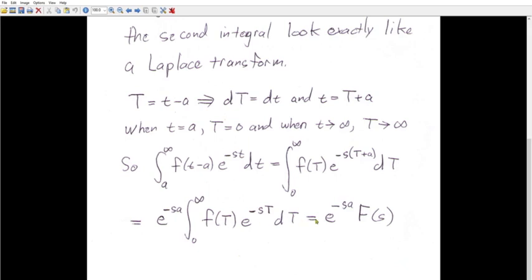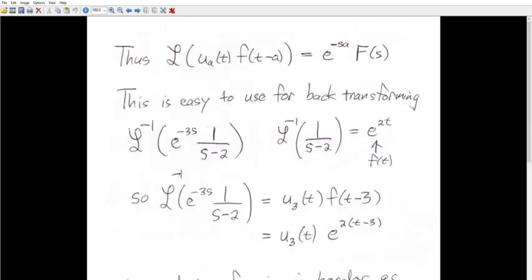So we end up with e to the minus sa times F(s), and that's our formula. So the Laplace transform of u_a(t) f(t minus a) is e to the minus sa times capital F(s), where capital F is the transform of little f.